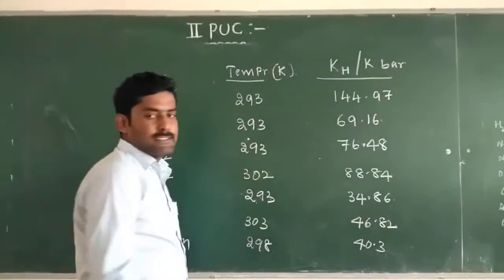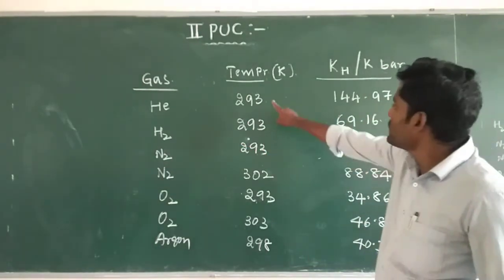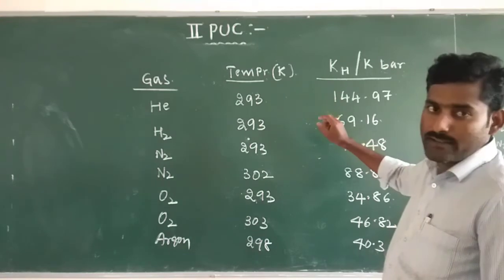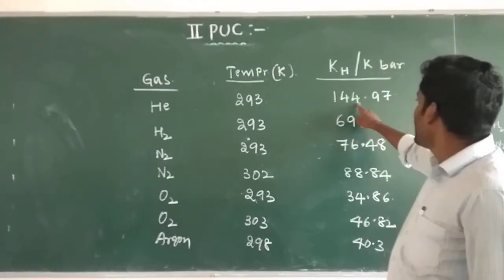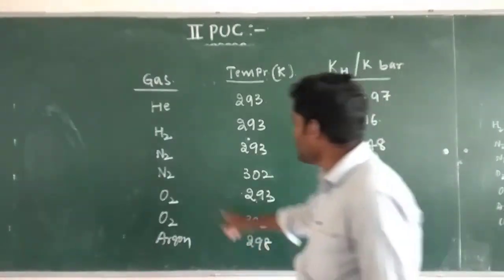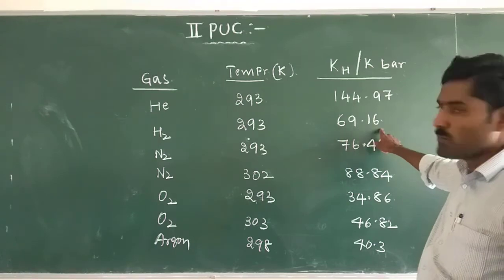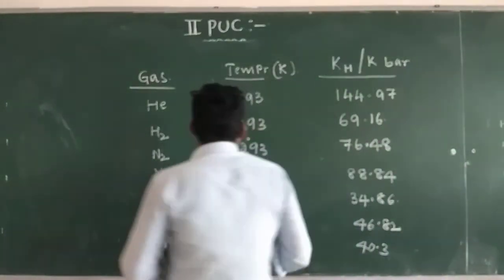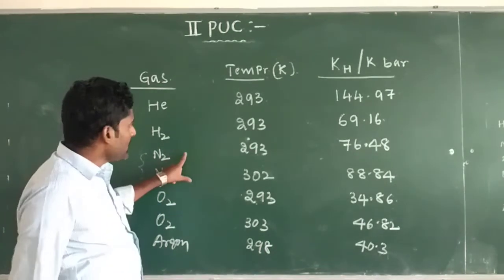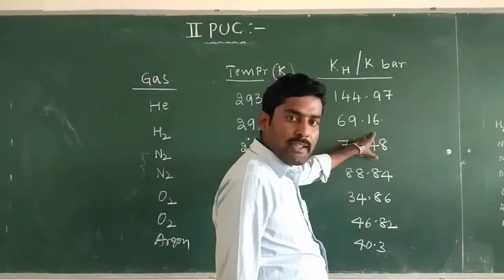If you look at this table, helium gas at 293 Kelvin has KH value of 144.97. Hydrogen at 293 Kelvin, 69.16. And look at nitrogen gas at 293 Kelvin, 76.48.